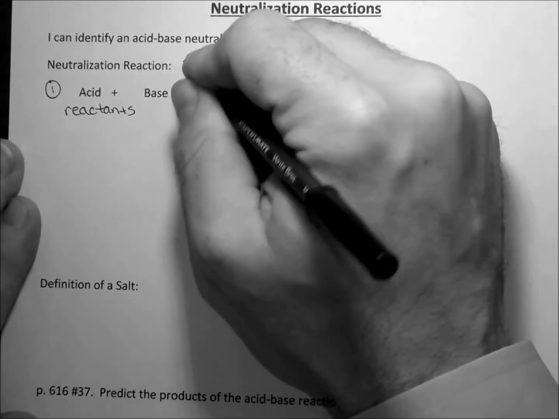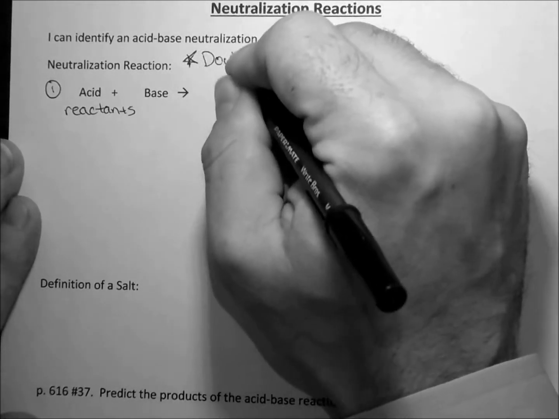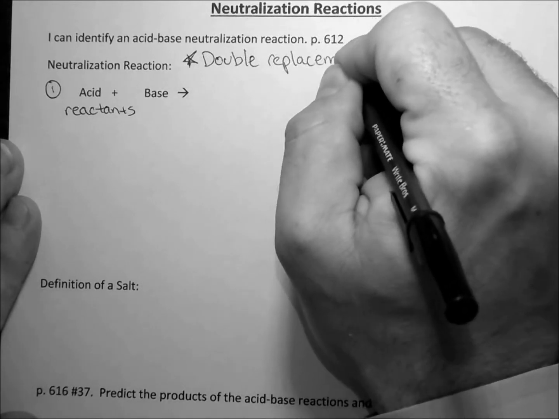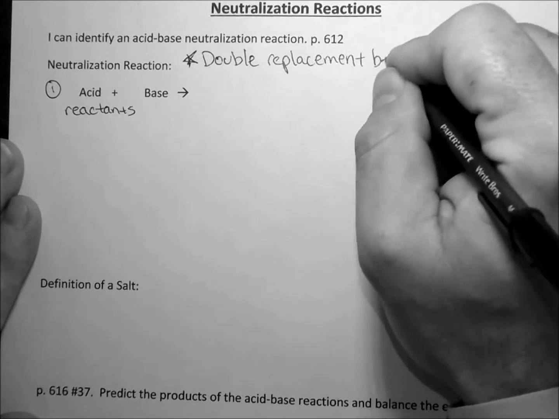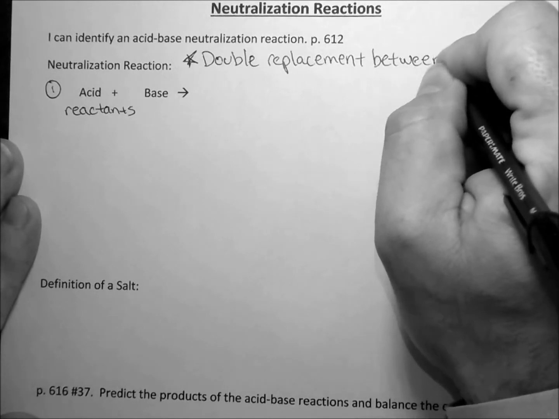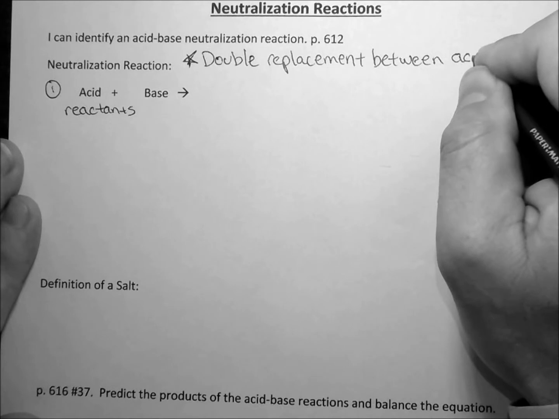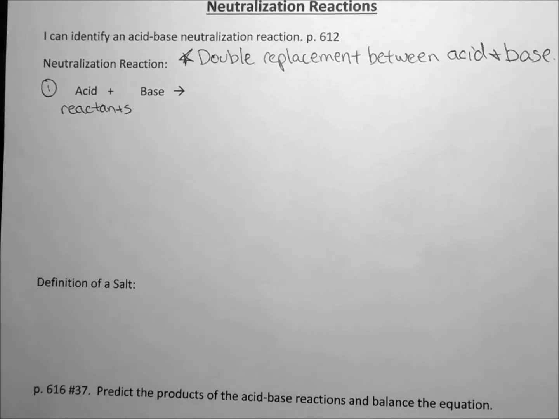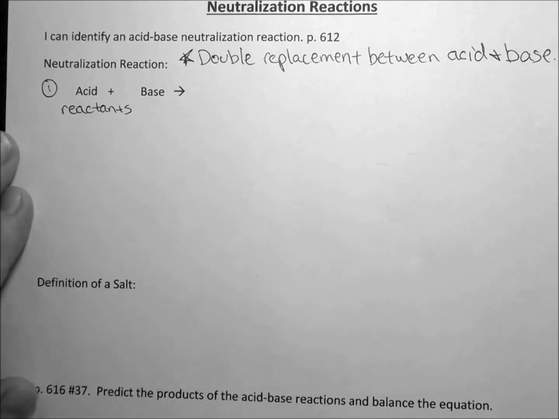It's just a double replacement between an acid and a base. So we're going to switch partners to figure out what our products are. I'll expect that you guys can do this, but it has the basic setup of this. Part 1, you need an acid and base in reactants.